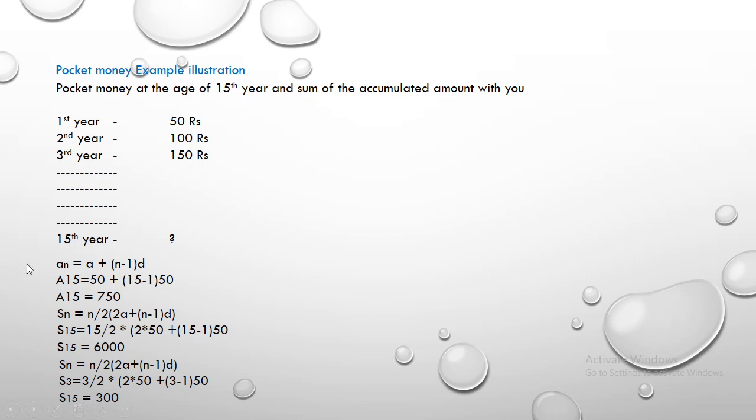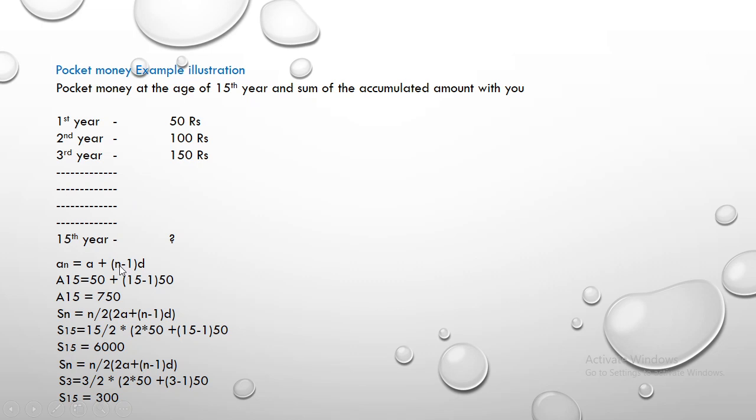So here we are going to write it as a15. N is 15, 15th year, so a is the first term. The first term is how much pocket money she got in the first year, that is 50.